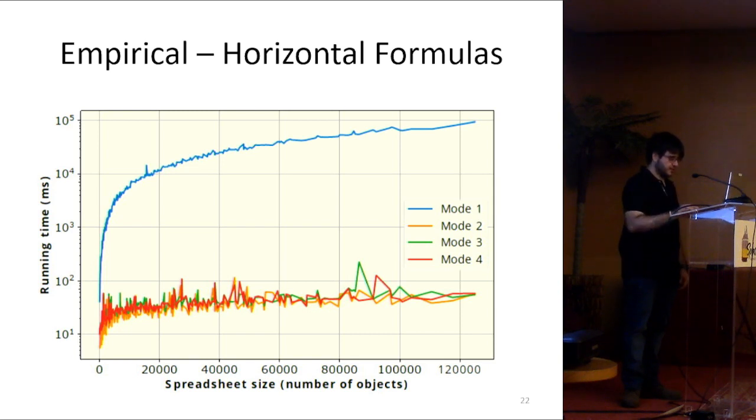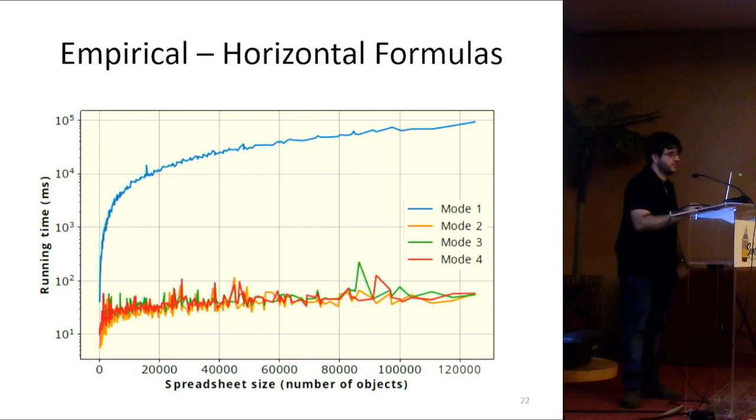So these are the results for horizontal formulas. On the x-axis, this is the size of the spreadsheets, the number of objects. And on the y-axis, this is the running time of updating a set of cells. We can see that mode 1, the recomputation of all the cells every time, is much slower than the other modes.